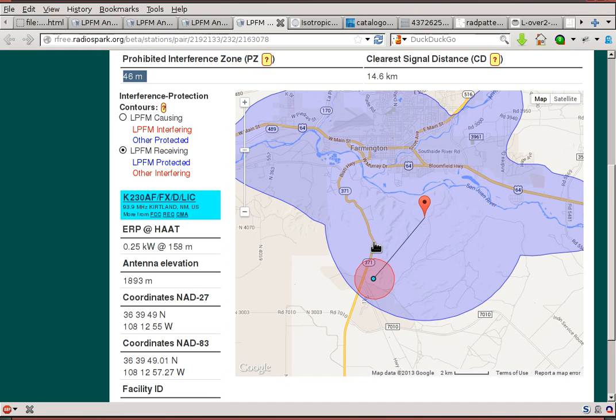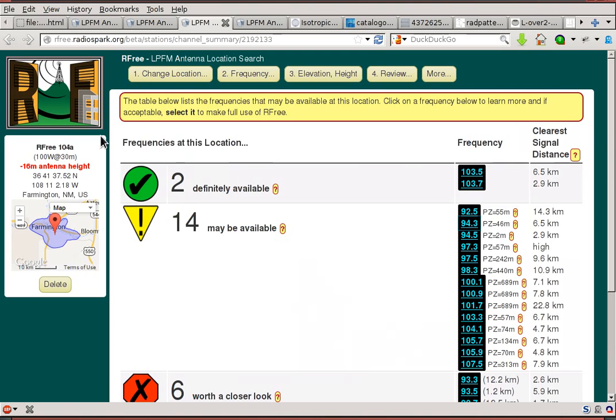Now, that's one way to do it. Another way to do it is to raise your antenna, and this is an interesting example. Using this example where we've moved our proposed antenna location, if we look at the channels available, everything's still available just like before. The PZ for 94.3 is 46 meters, just like we saw. And over here in the antenna height, something interesting has happened. To get 30 meters height above average terrain, the antenna has to be underground by 16 meters.